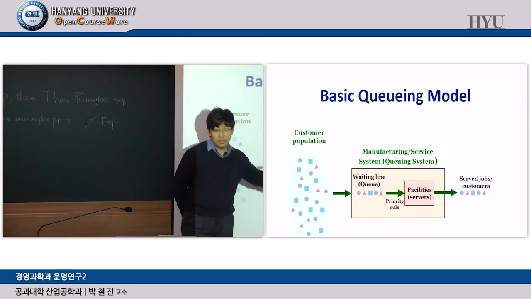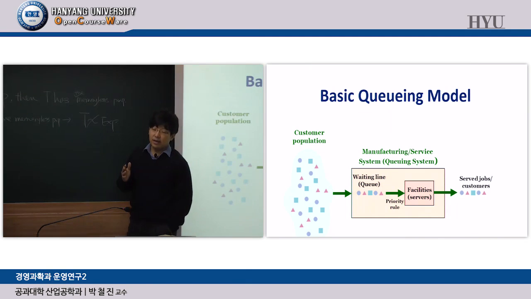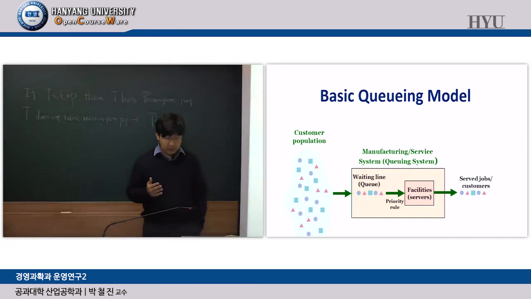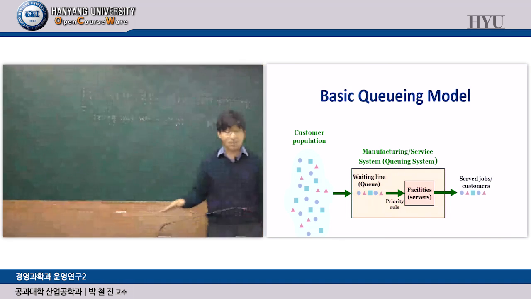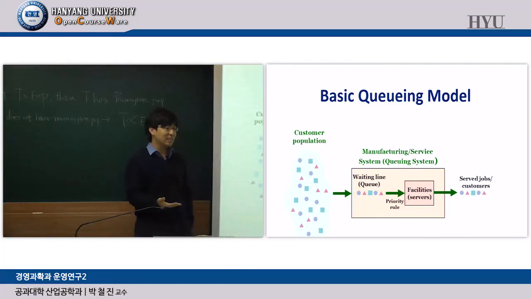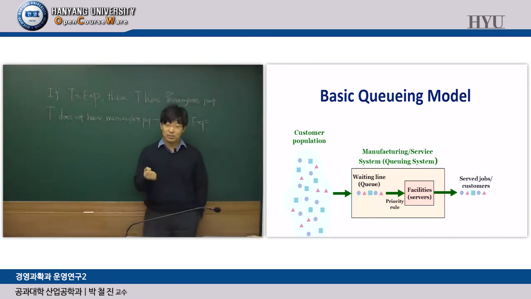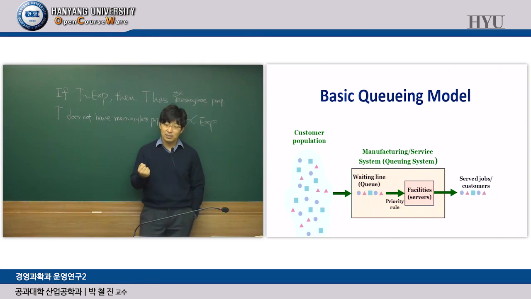If you can forecast exactly when customers arrive, or if you can evaluate the service time exactly, with no variation, then there is no problem. You can exactly handle the system and control the system.